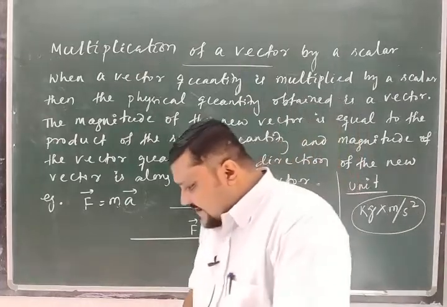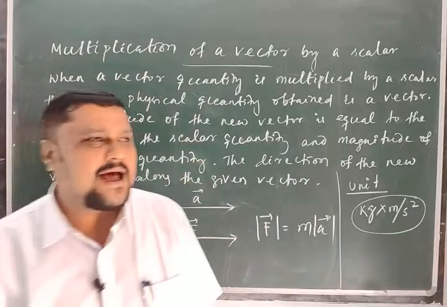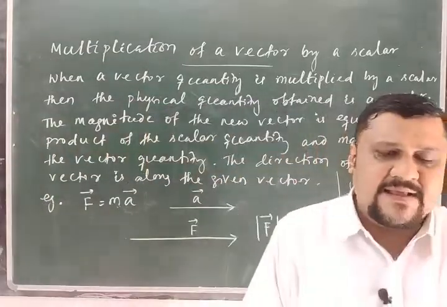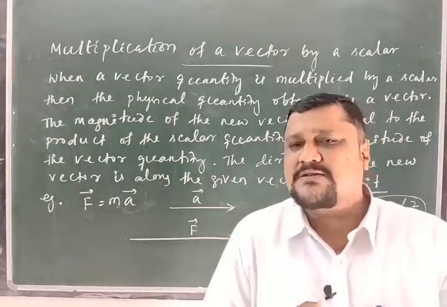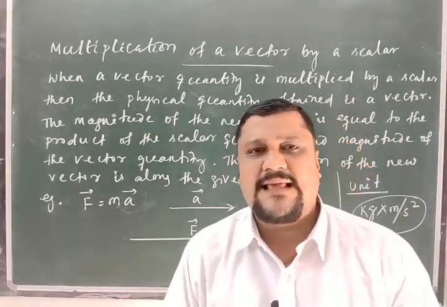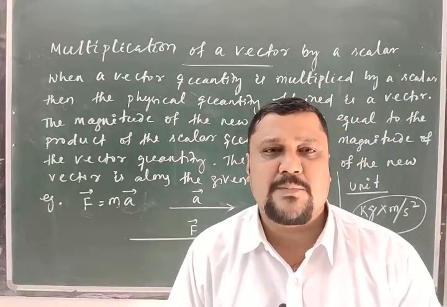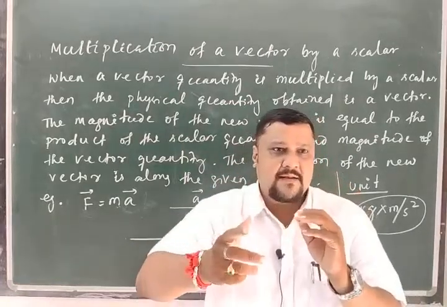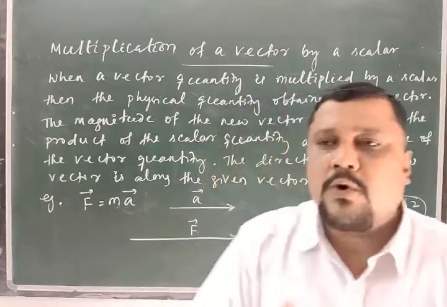Before we go to the addition of vectors: as I told you, when we find the addition, subtraction or multiplication of vectors, it is very important to know the angle between two vectors. That is most important. You should know how to find the angle between two vectors.